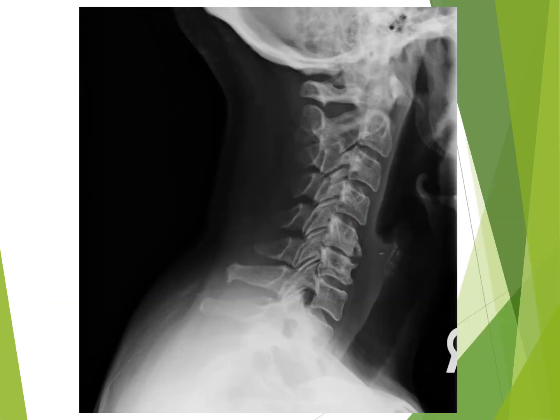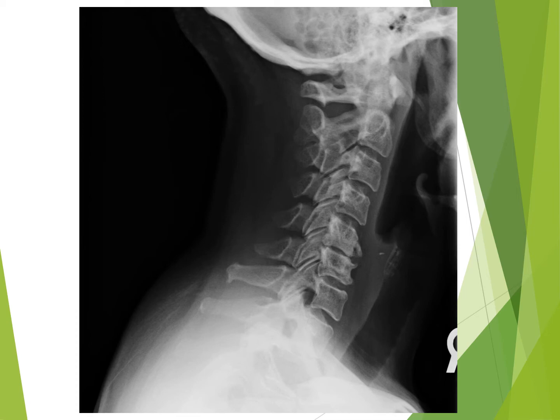What we see in this film, the patient has a very straight military neck with no curve. You could also see at the area of C5, C6, there is a tremendous amount of disc degeneration and some spurring going on at those segments. But you'll notice the segments above and below it have almost no degenerative changes going on.